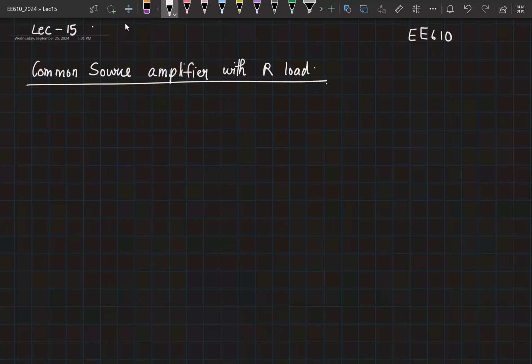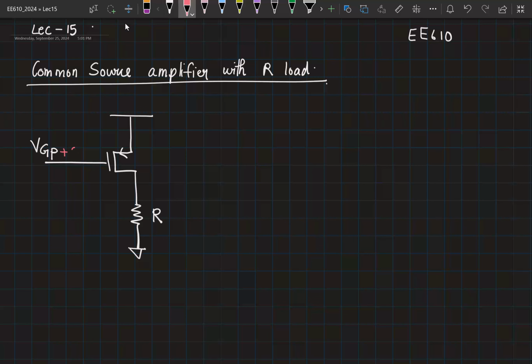So let me consider an amplifier with the input stage being constructed using a PMOS. Let's say this has been biased to some correct gate voltage VGP. And for now, I'll simply consider this as being our load, right? And I'm interested in what the small signal gain is from the input here to the output.